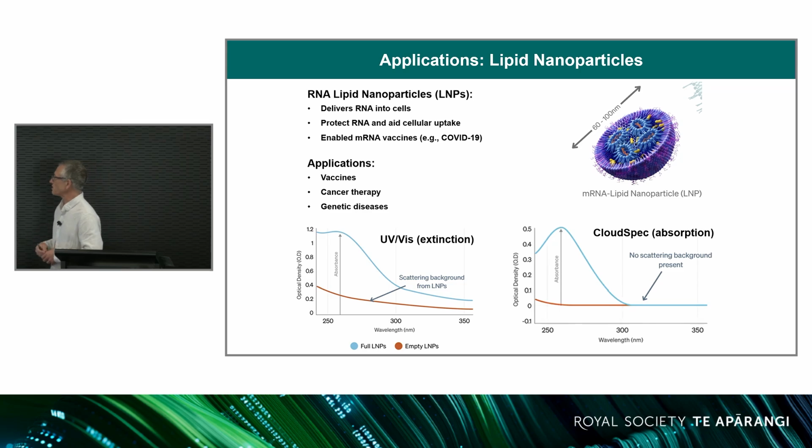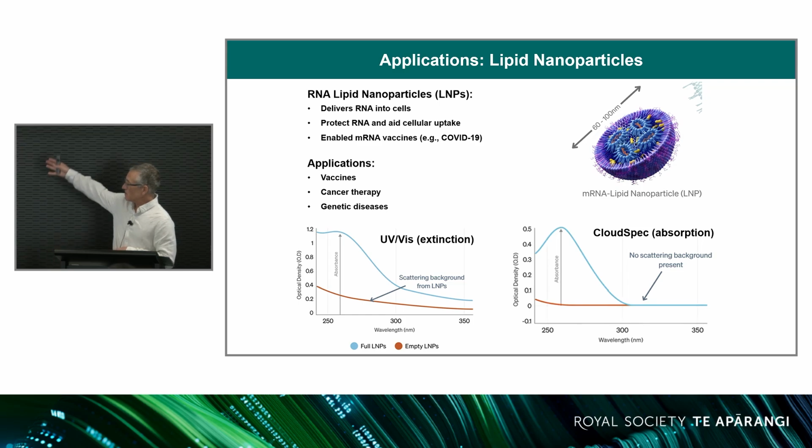They need to be protected by some vector, typically essentially a ball of fat that protects the RNA, to inject it, and so that it can target the right part of your body. This is the subject of a lot of research at the moment, and as a physicist, some of it is really not my expertise, but I'm getting more and more into it.